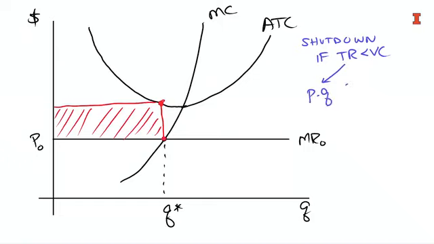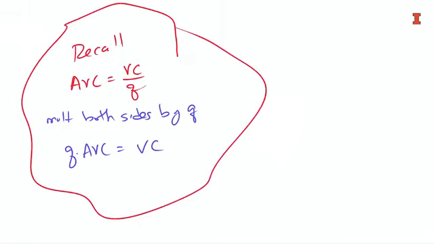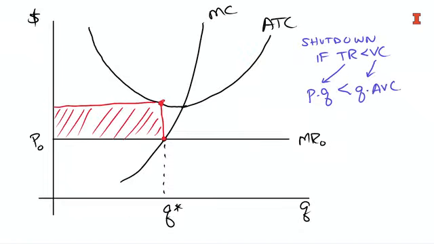And that's got to be less than variable cost, which we just discovered in that little thought bubble. Variable cost is just quantity times average variable cost. And now, since there's a Q on both sides, as long as Q is non-negative, I can divide through by Q and not reverse the inequalities. So I'm just going to knock those Q's out. And I know now that my shutdown condition is that price falls below the average variable cost.